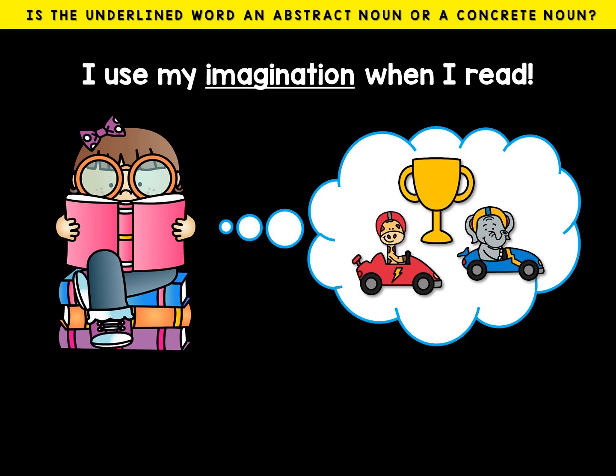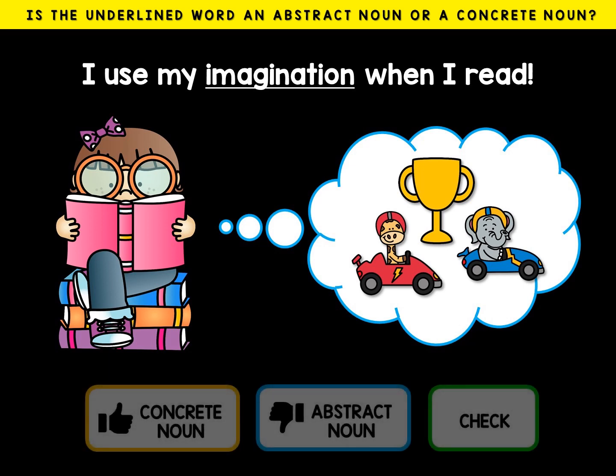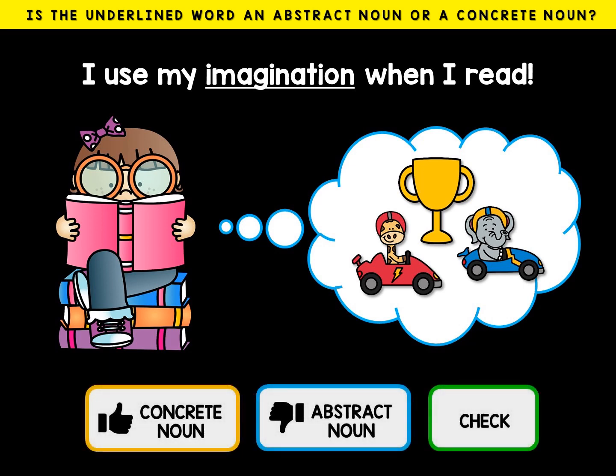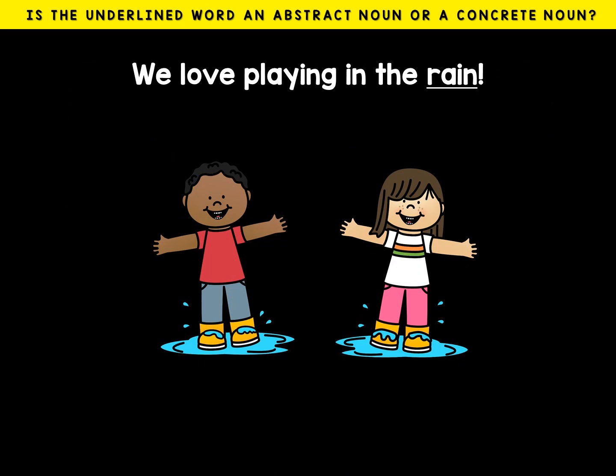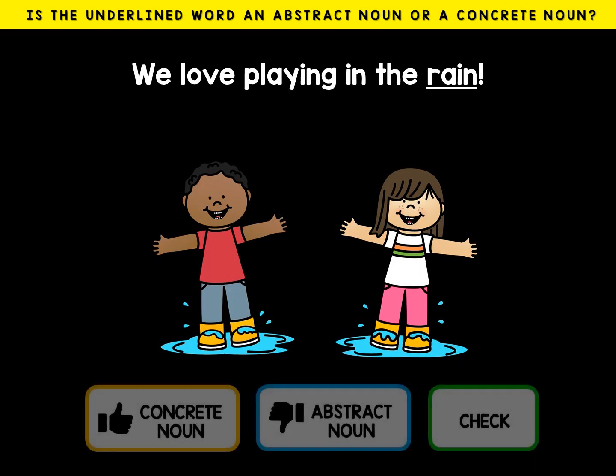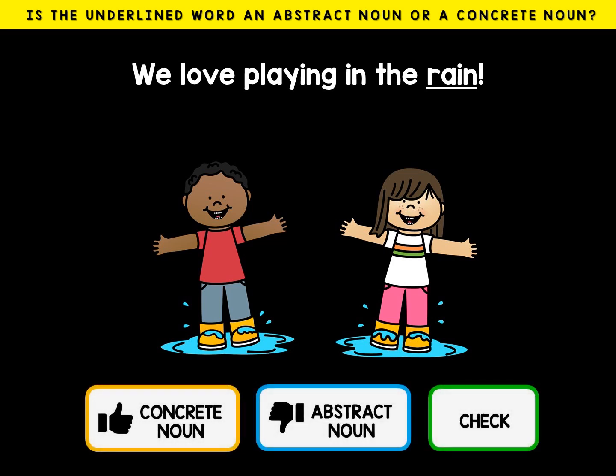I use my imagination when I read. Imagination, is it concrete or abstract? It was abstract. We love to play in the rain. The word rain, is it concrete or abstract? It was concrete.